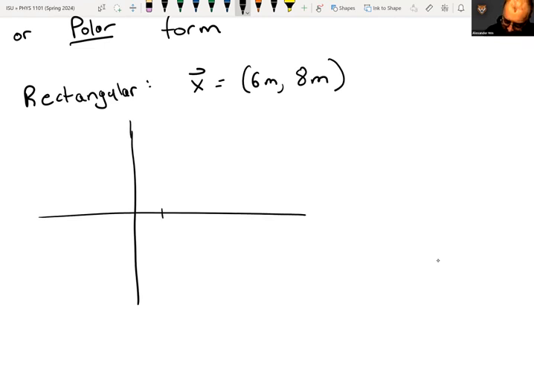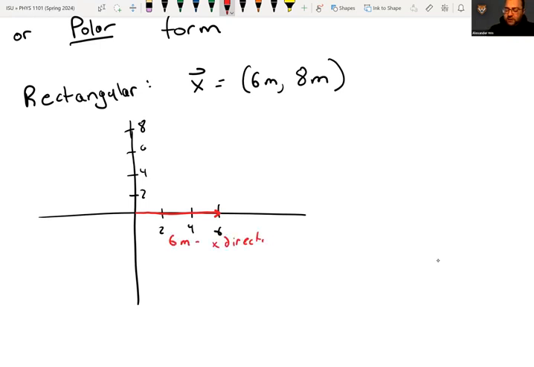So if we go by twos, 2, 4, 6, 2, 4, 6, 8. Those aren't quite evenly spaced, but no big deal. And the idea here is that if we wanted to get this, what we would do is go 6. So that would be our 6 meters in the x direction.